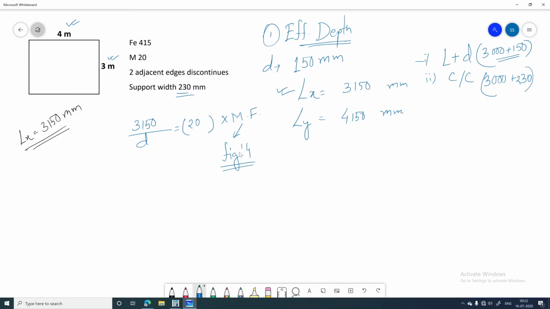As well, we need to assume some pt, that means the percentage of steel, right? So here we will consider 0.4% of steel. So let's see figure 4.